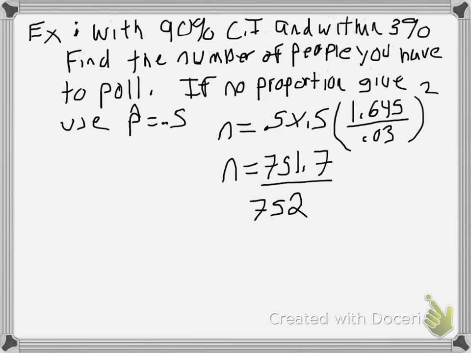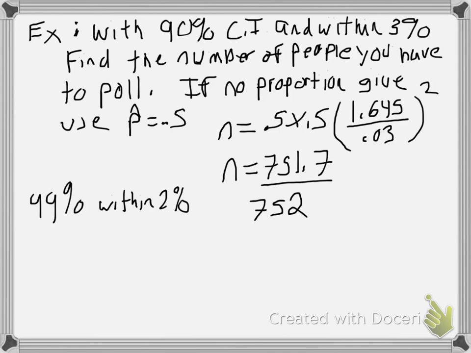What do you think would happen if we changed a couple things on this problem? What if we changed the confidence interval to 99% and we want to be within 2%? What's going to change here? Well, the 0.5 times 0.5 is not going to change.